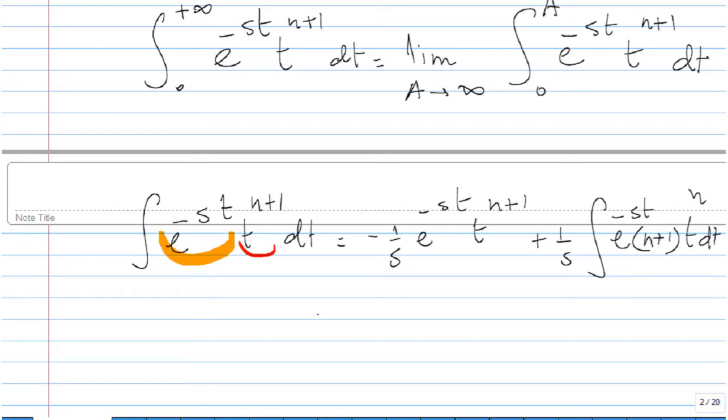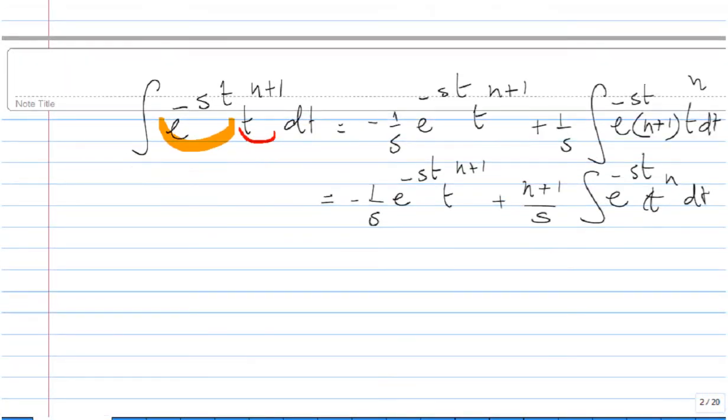So this is equal to minus 1 over s e^(-st) t^(n+1) plus (n+1) over s, the integral of e^(-st) t^n dt.